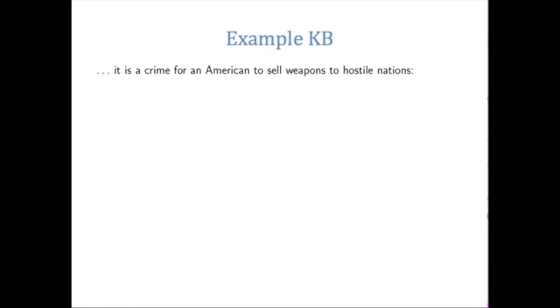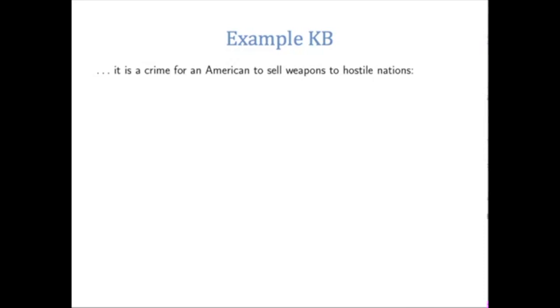So in the book there's the example about the American who sells weapons and so forth, and let's take a look first at the knowledge base in logical notation using first order logic, and then we'll work through it in both forward chaining and backward chaining.